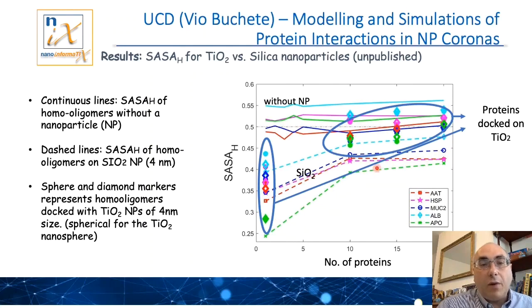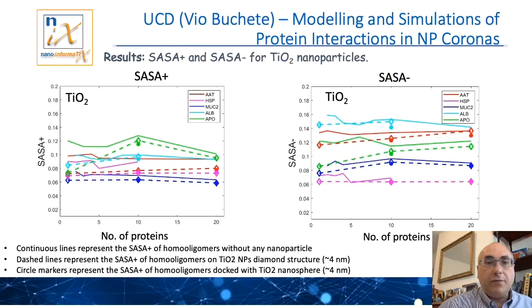For silica, we have these dashed lines that show the trends obtained, and for titanium, I highlighted the data points with ellipsoids here. The diamonds correspond to the diamond-shaped nanoparticles that we've seen in the previous slide.